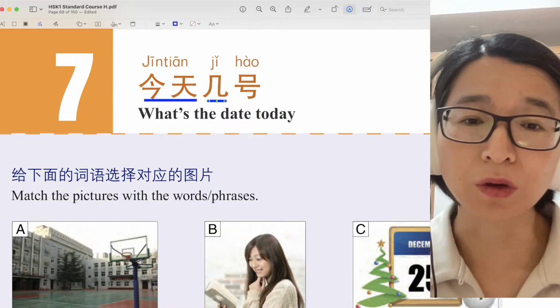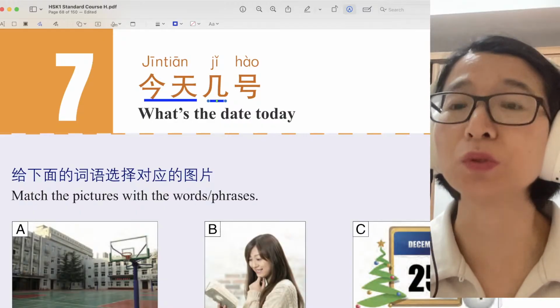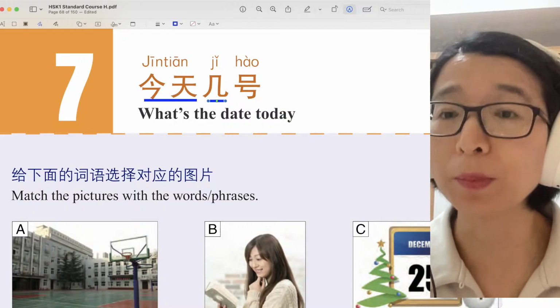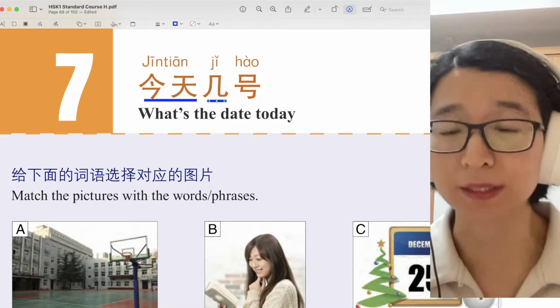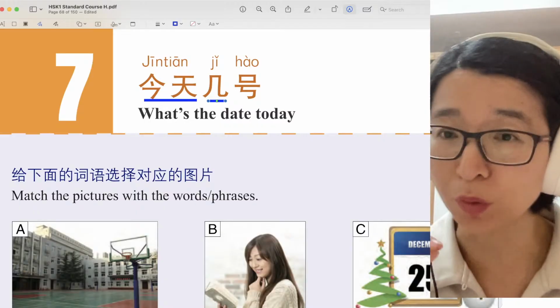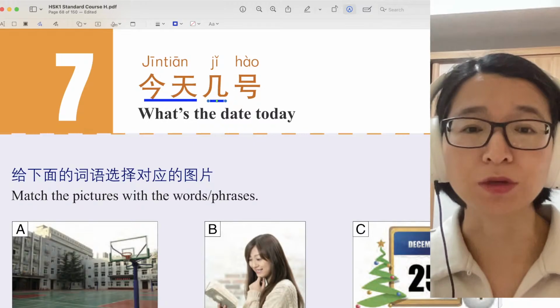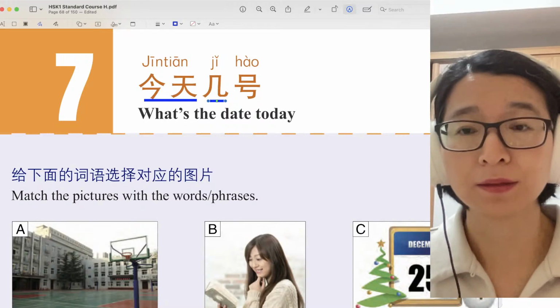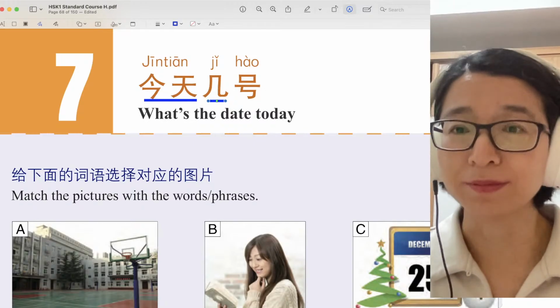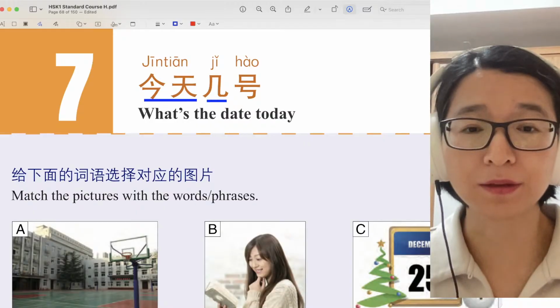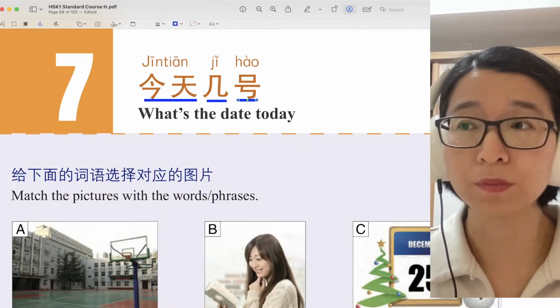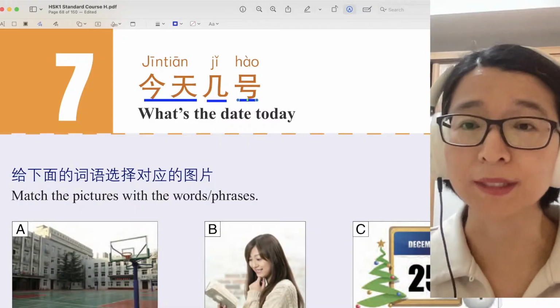We know 几 is used to ask for numbers, how many, and generally we're expecting a very small number. Question, how many? And here, how, what does it mean?